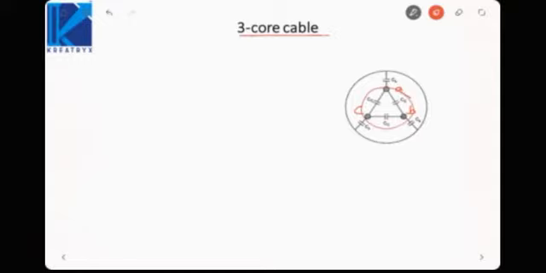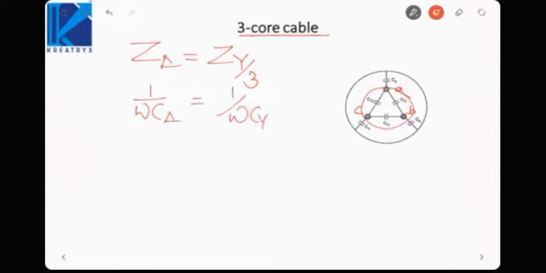Now when we convert delta into star, Z delta is 3 times Z star. So 1 by omega C delta will be 1 by omega C star into 3.